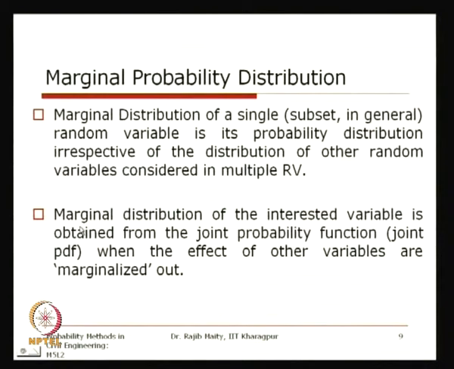Now the marginal distribution of the variable of interest is obtained from the joint probability function or the joint PDF when the effect of the other variables is marginalized out. Marginalized out means irrespective of the distribution of that other random variable in concern.